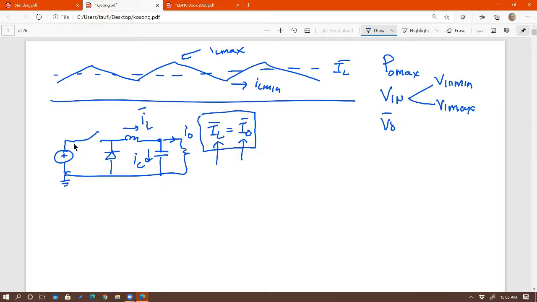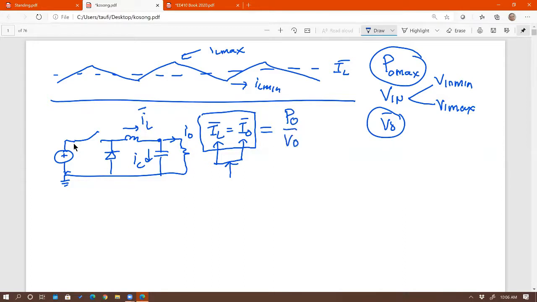Going back to my original question, why is it important for us to relate IL to I out? Because I out average is typically given. How? From P out max and V out, we can see that I out average is equal to P out divided by V out. For a buck converter, that's just P out over V out.